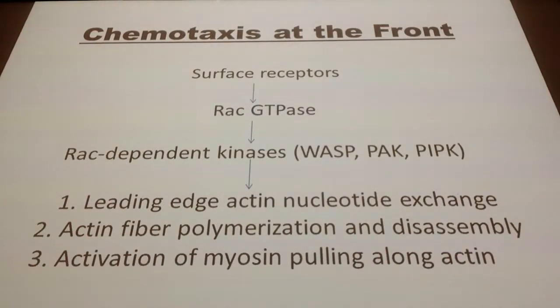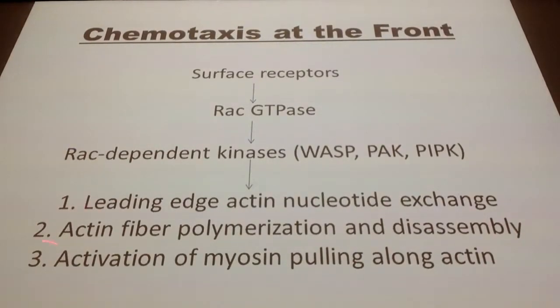So for RAC, what RAC does is that it acts at the leading edge. So if a cell is moving in a certain direction, that's the leading edge, right? And RHO acts at the trailing edge, which is back here. RAC also induces actin microfilament polymerization and disassembly at the leading edge, only at the leading edge.